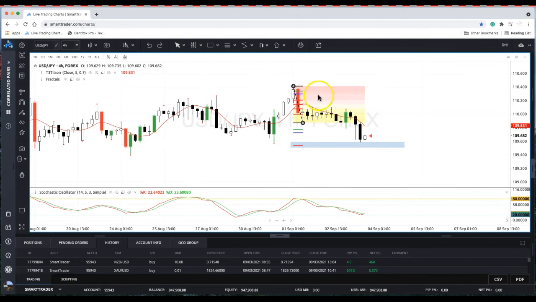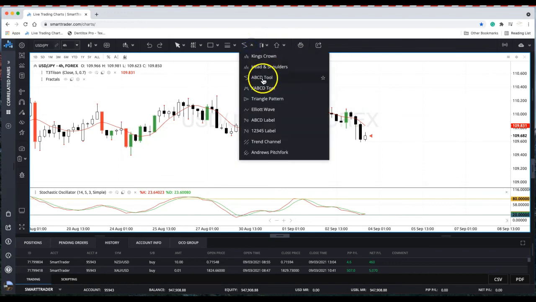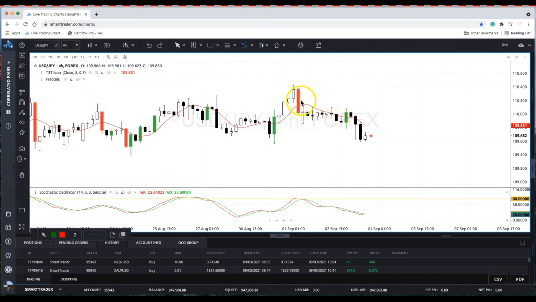Okay, and then the colors go away, and then we start looking for another. So this is A, B, C, D, and then these colors fade, and then we have another A, and then we have to start all over again. So C becomes A, and D becomes B, and then a pullback C, and then target D.